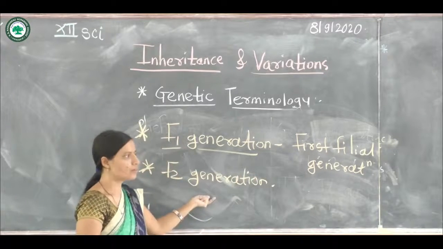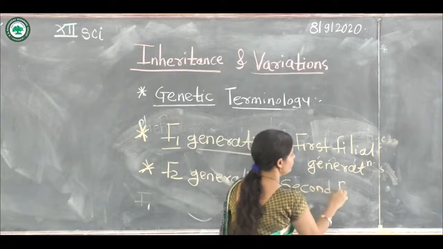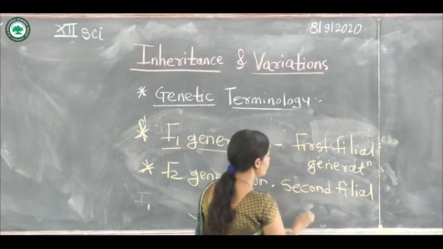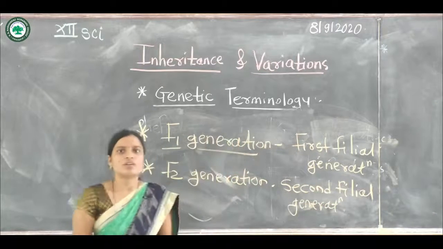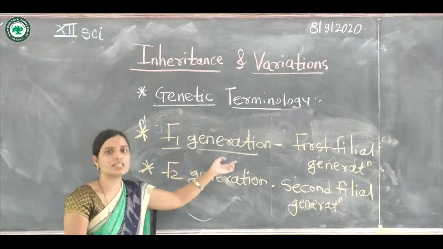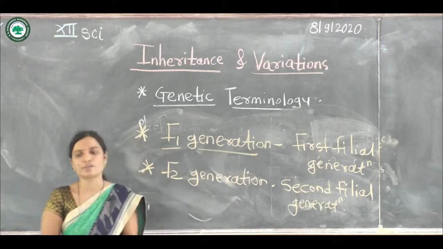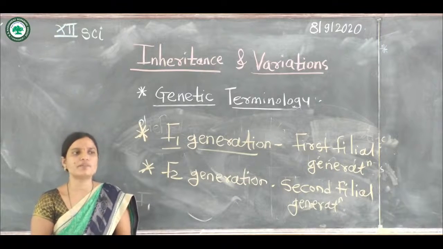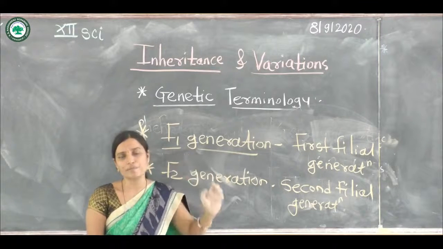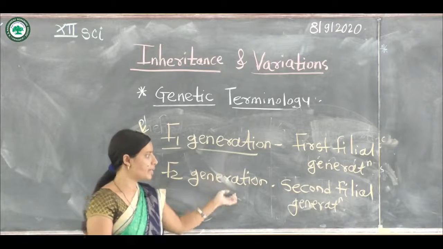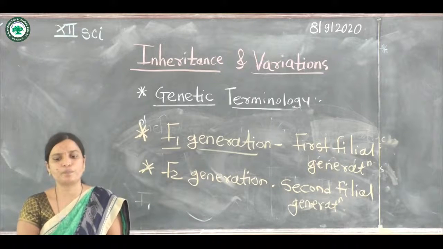F2 generation means the second filial generation. F1 means the first filial generation produced in offspring when crossing takes place between male and female plants, and after selfing of the F1 generation, the second filial generation, the F2 generation, is produced.